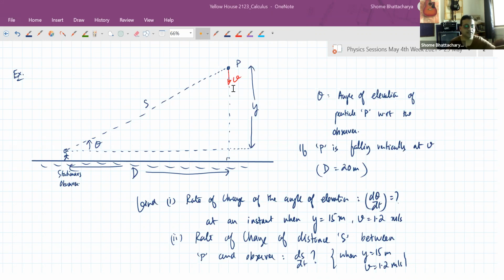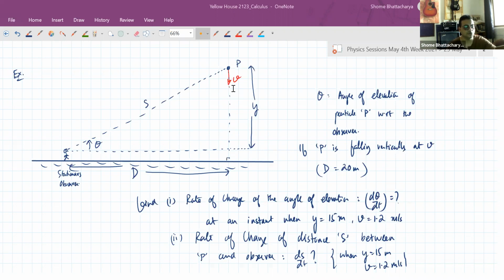Unless it's a featherweight object where air resistance balances the weight, it should have some acceleration. Or if it's a high density object like a stone or a metallic piece, its acceleration will be almost equal to g, and the air resistance will be negligible.